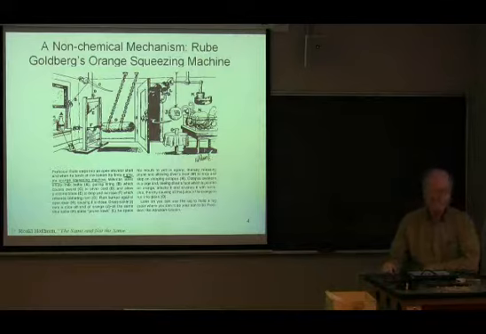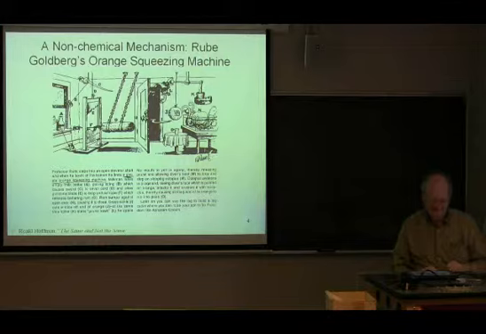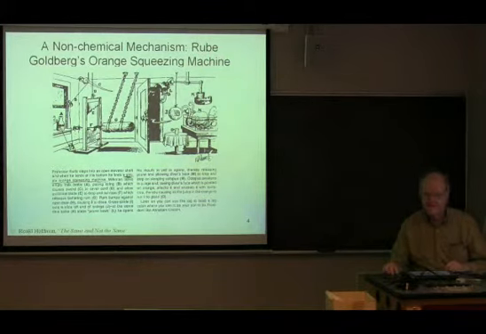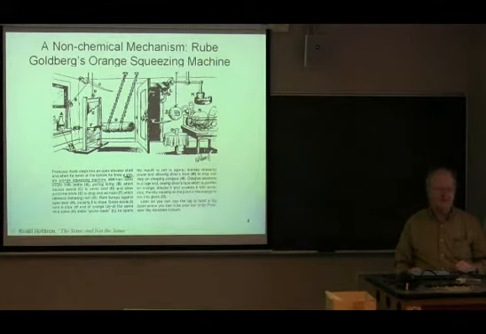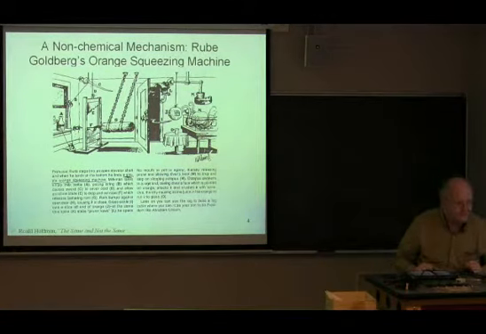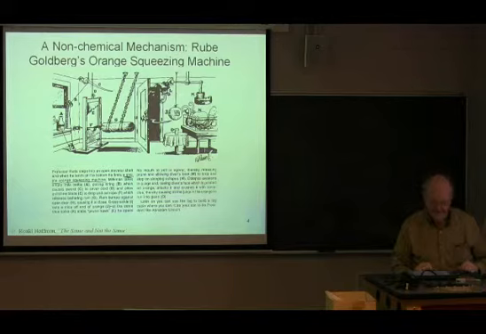Here's an example of a real mechanism. The arrangement of parts to produce an effect. I'm betting that you guys are all way too young to ever have heard of Rube Goldberg. Anybody? They still have Rube Goldberg competition. Well, Rube Goldberg was a cartoonist.